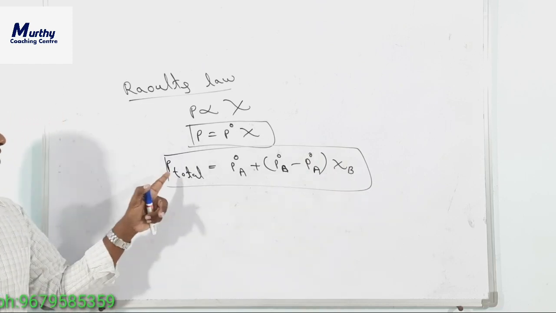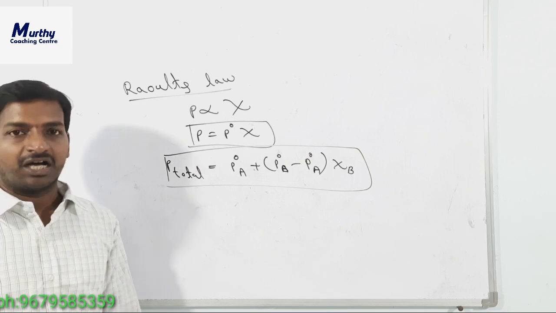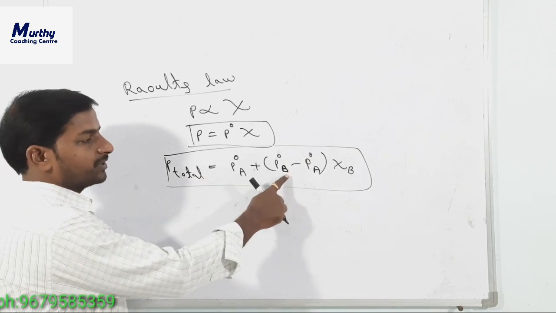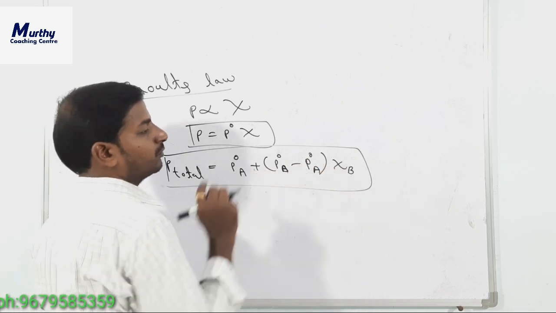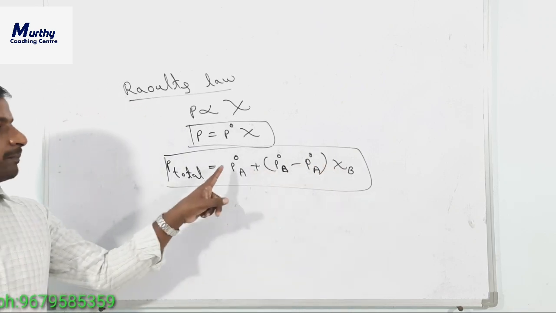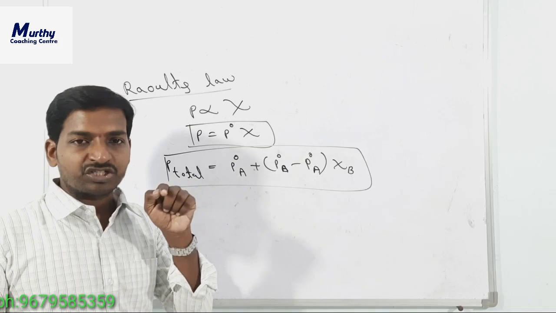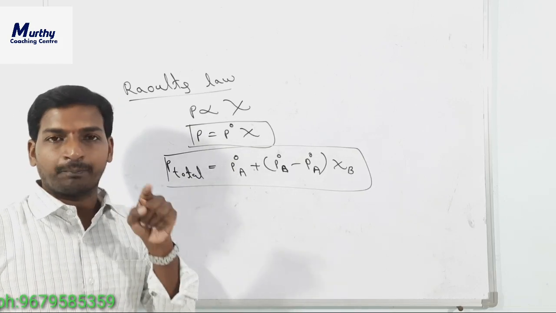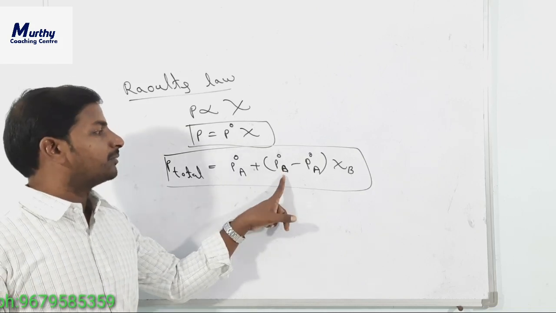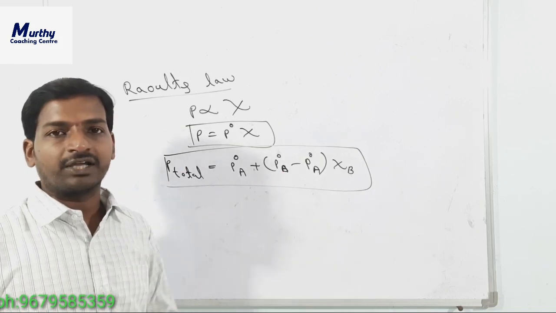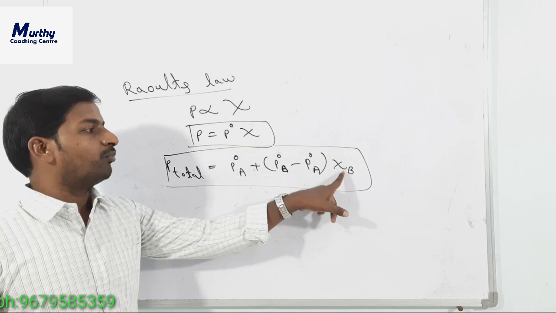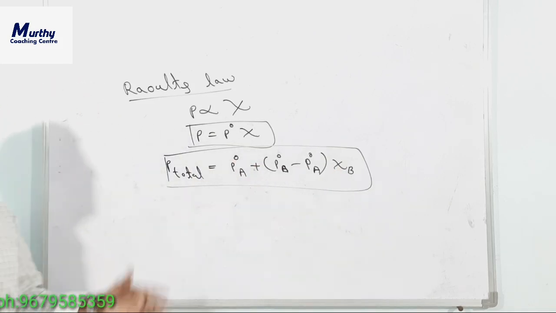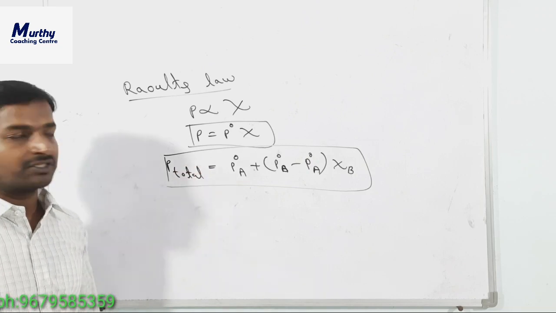What is that equation? The total vapor pressure of the liquid mixture, P total, is equal to P naught A plus P naught B minus P naught A into mole fraction of B. P naught A is the vapor pressure of pure liquid A. P naught B is the vapor pressure of pure liquid B. And this is the mole fraction of B. Based on that equation, we can calculate the total vapor pressure of the mixture.